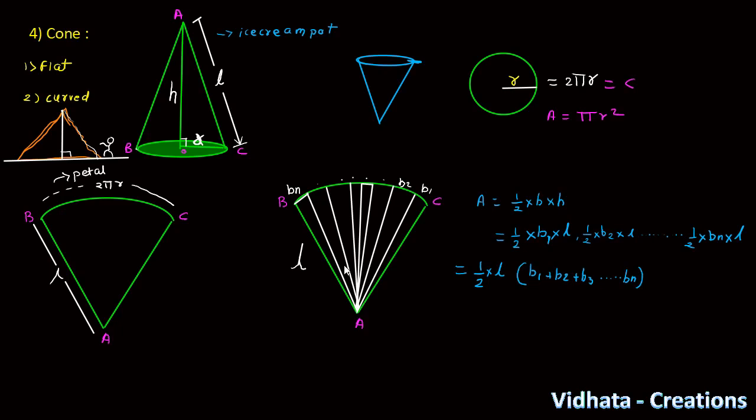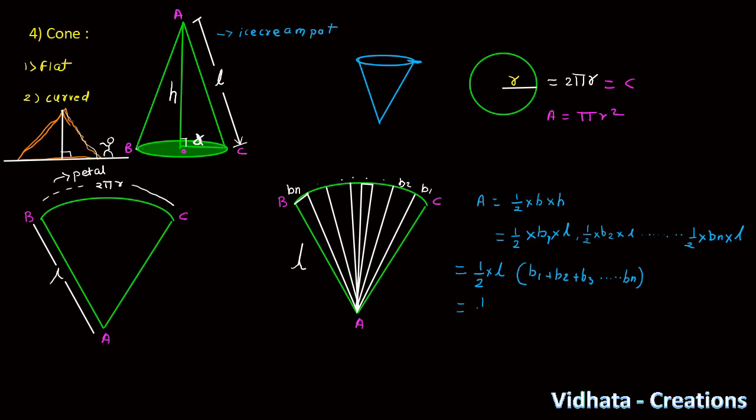But do you know what this total length B to C is? The length B to C is 2 pi r. Now let us substitute.